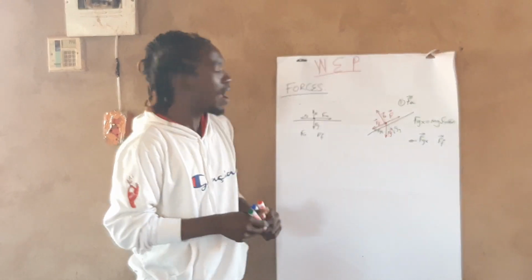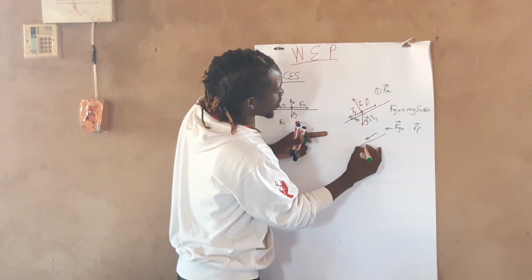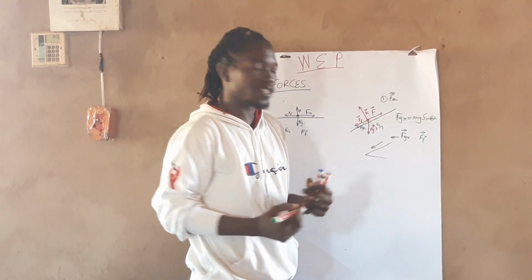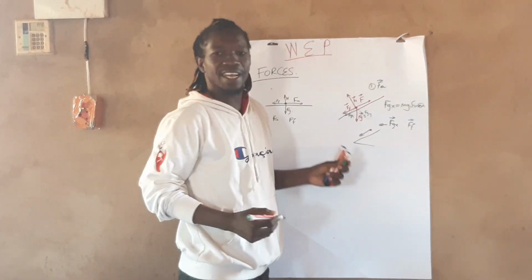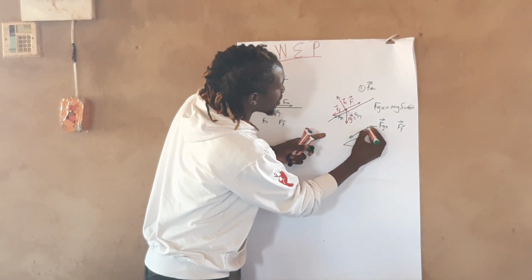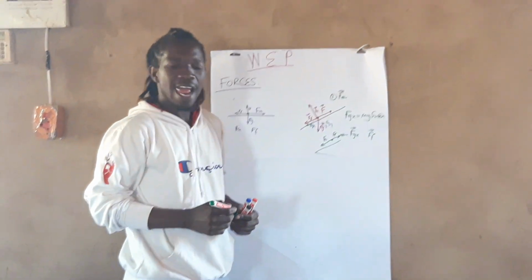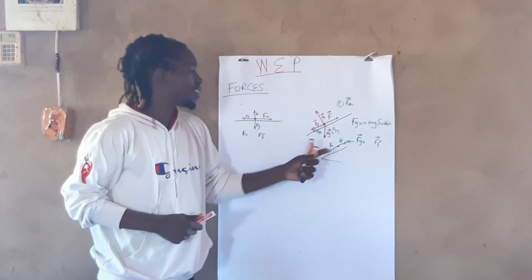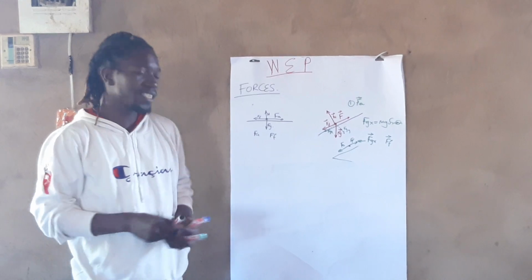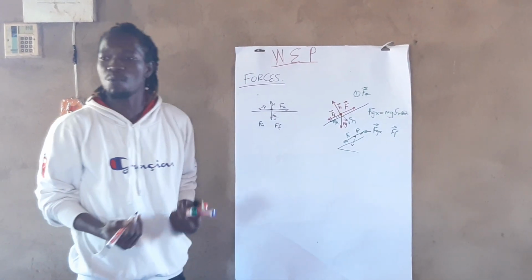Two forces, right? But if our object now is moving down a slope, don't forget that frictional force is always opposite the motion. So our frictional force here is going backwards, and this is our applied force. What do we know about Fg at x now? It is now favoring the motion.